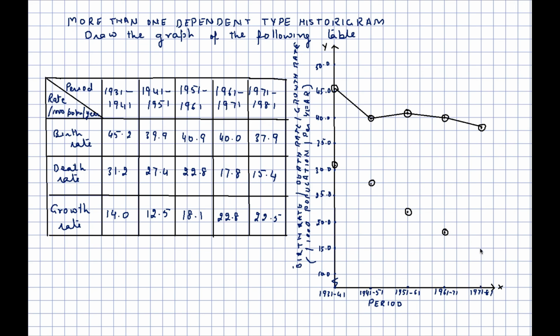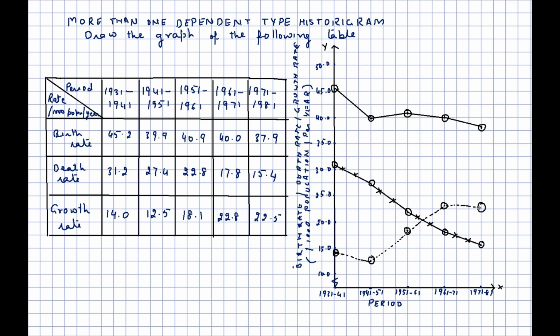Coming to a third dependent variable, growth rate, we will have first point 14.0 over here, then 12.5, 18.1, 22.8, and 22.5. Joining this also using a different type of line, we'll use a dashed line here.